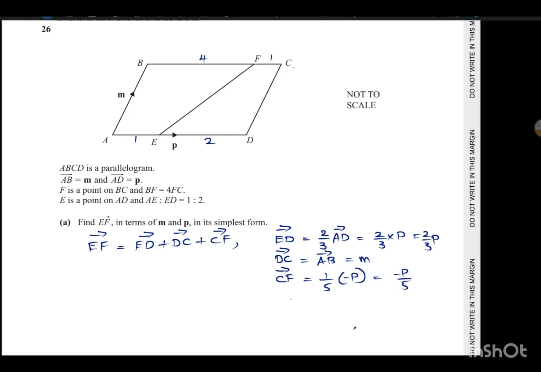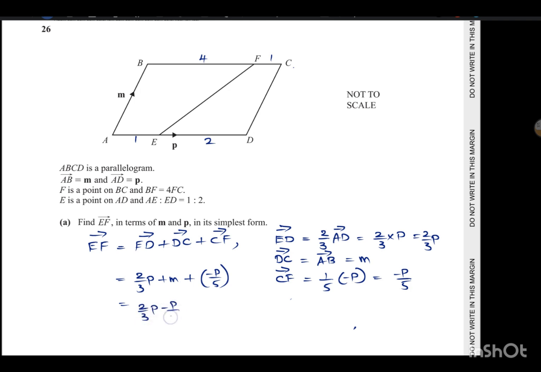Now take this all and add them. 2 by 3 P plus M plus minus P by 5. So now the like terms are P here. Keep M aside and add 2P by 3 and minus P by 5.